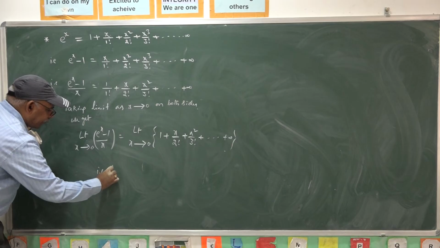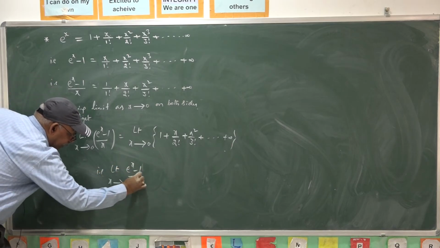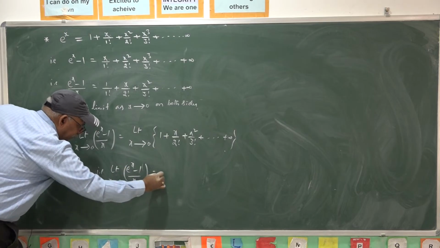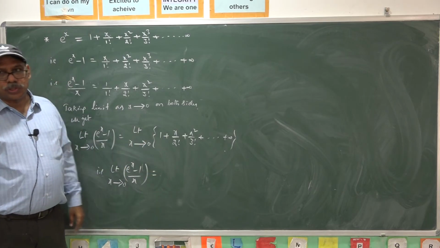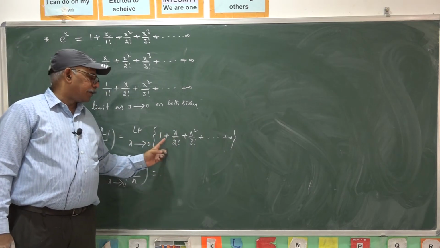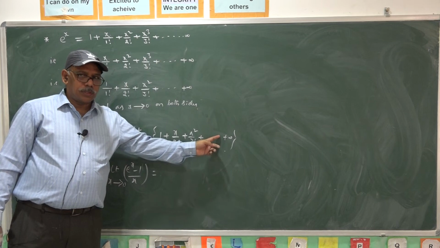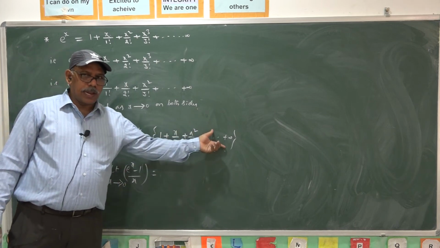That is, limit as x goes to 0, (e power x minus 1) by x becomes, as x goes to 0, the terms except this constant term, the remaining terms are depending on x.